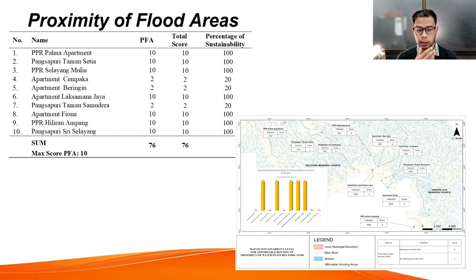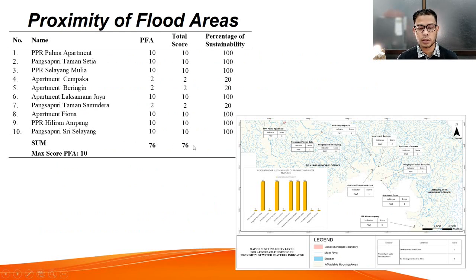The last one is the proximity of flood area, and this is the total score. Then from there we come up with the total score of all the indicators.